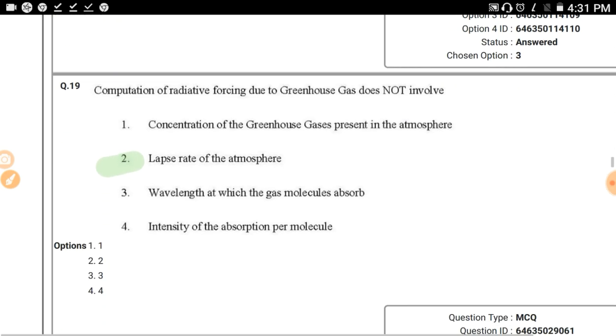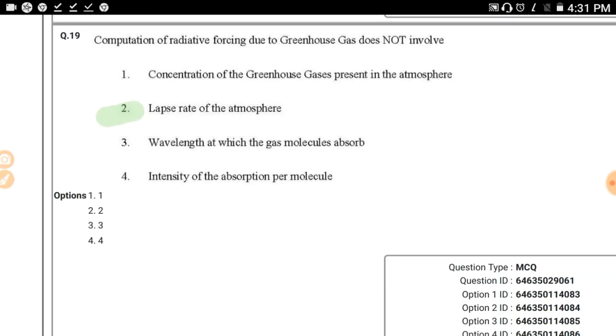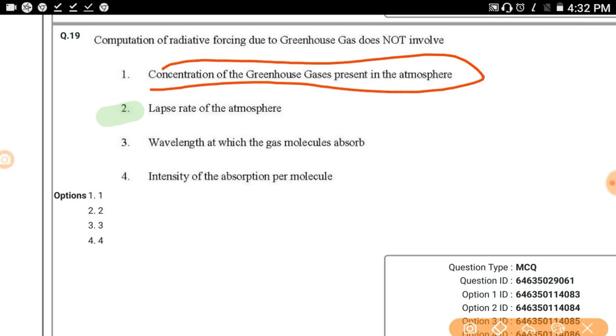Next question, computation of radiative forcing due to greenhouse gas does not involve the lapse rate of the atmosphere. See, computation of radiative forcing due to greenhouse gas involves the concentration of greenhouse gases present; the more greenhouse gases, the more the radiative forcing.